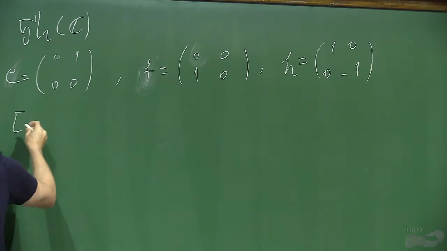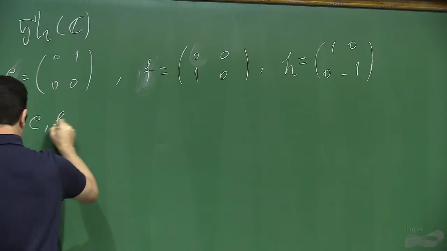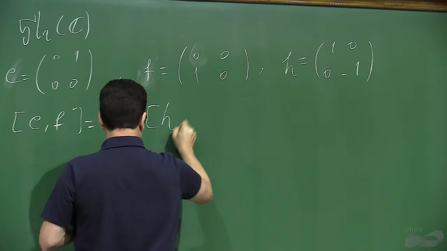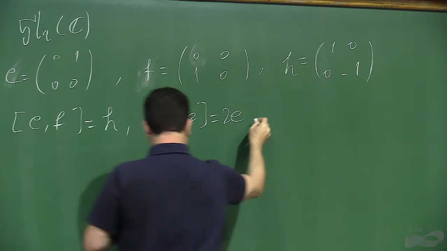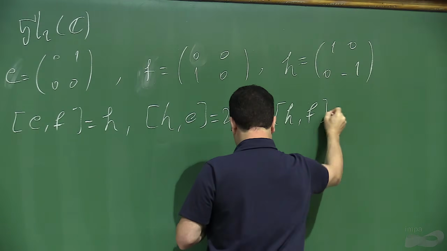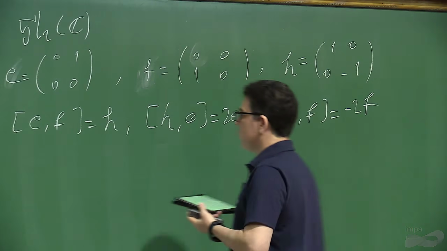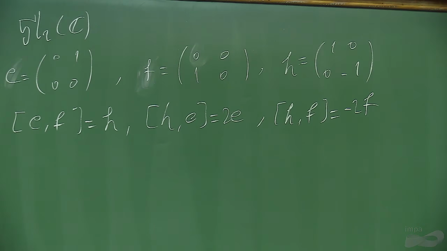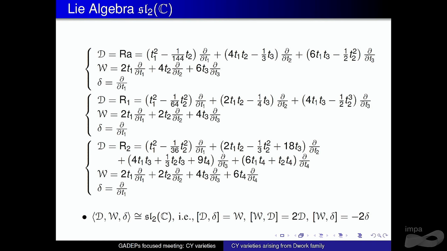And the Lie brackets of these matrices are: the bracket of E and F is H, of H and E is 2E, and of H and F is minus 2F. So we can see that here we have exactly the same brackets, so we can send D to E, W to F, and delta to H, and we will have this relation. So we have an SL2C module structure over all of these graded spaces.